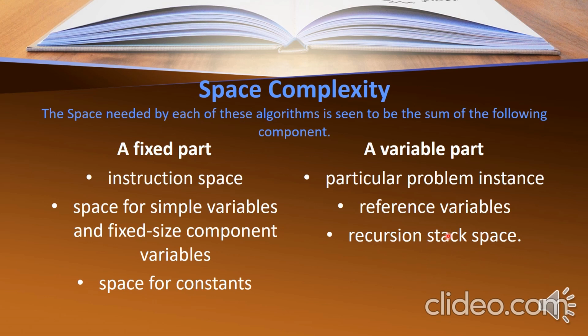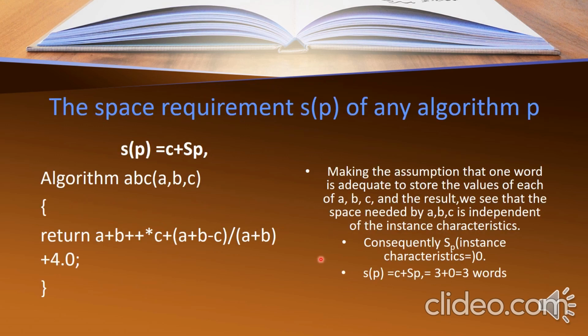For each recursive call, a space is utilized, so you need to consider that as a variable part. In short, the space requirement of any algorithm P is S(P) = C + SP.